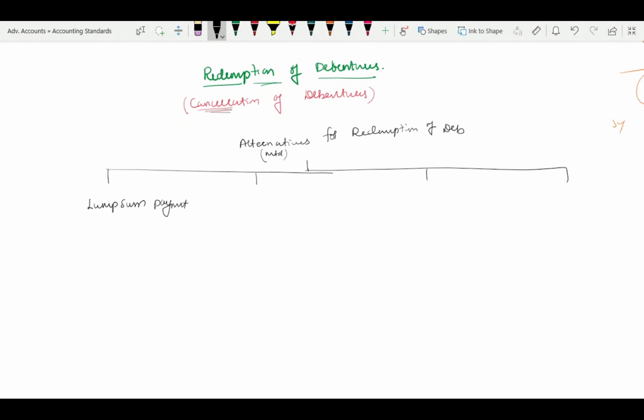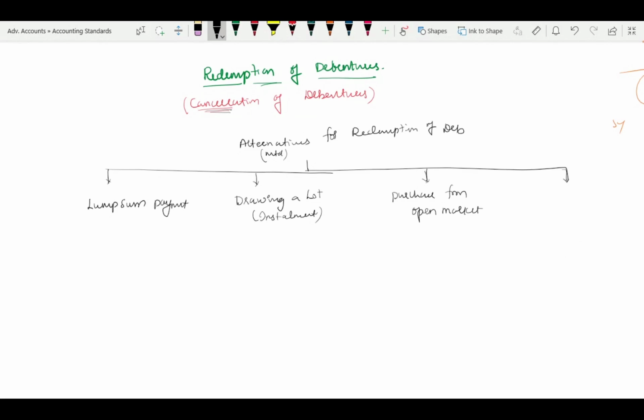Second, drawing a lot, that means installment or batch by batch. Third, purchase from open market.